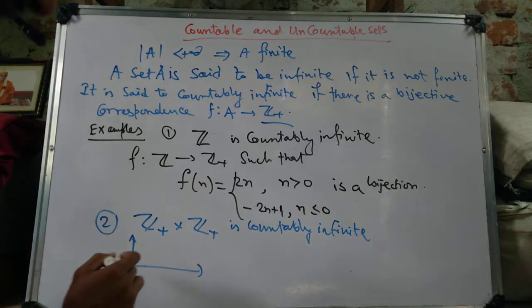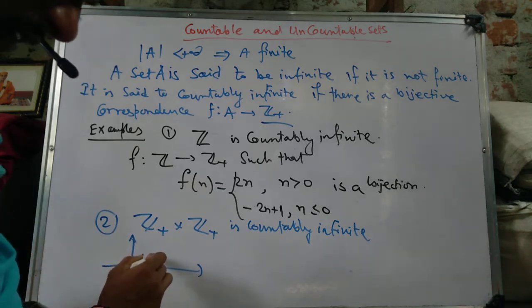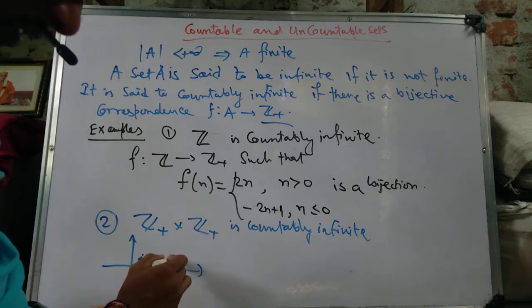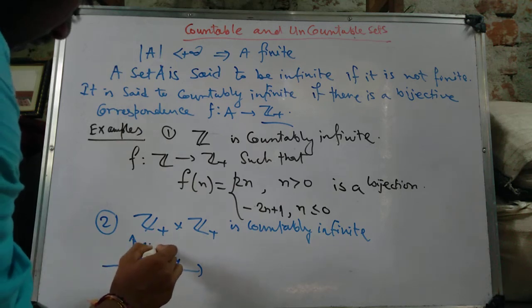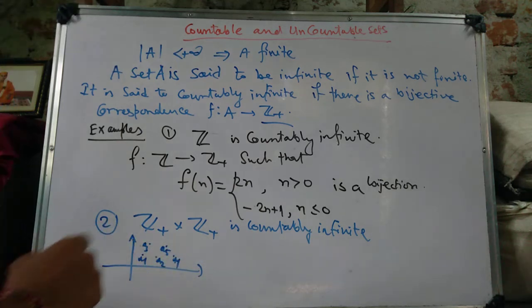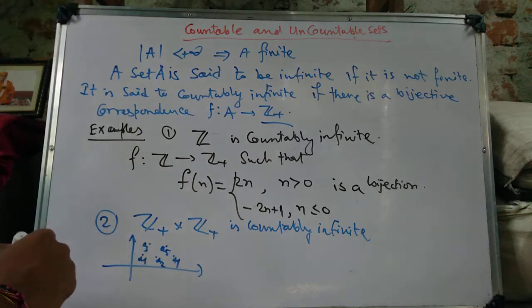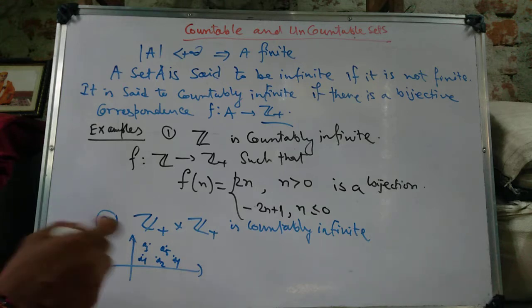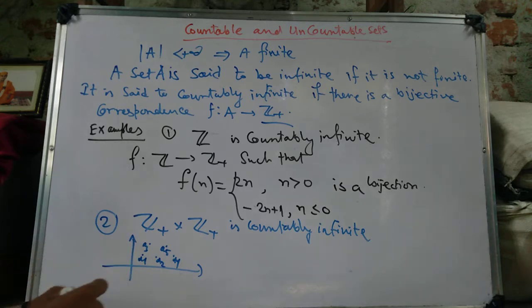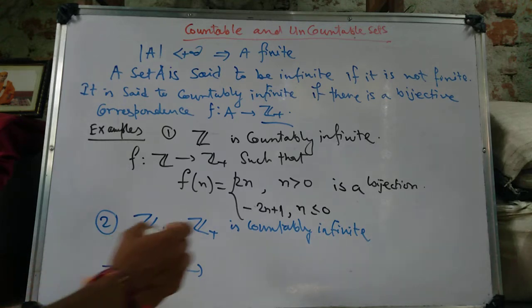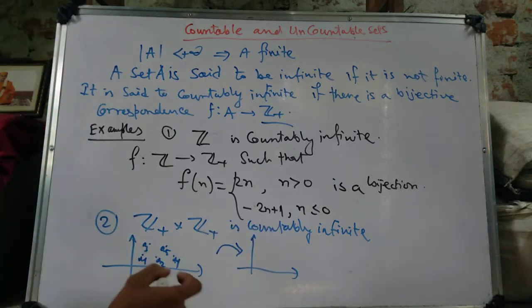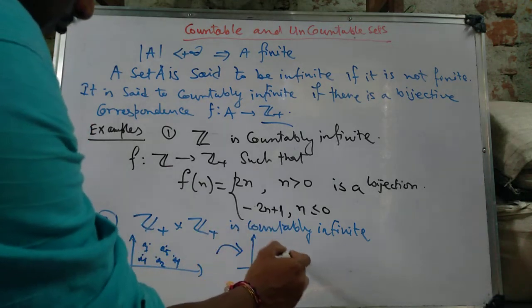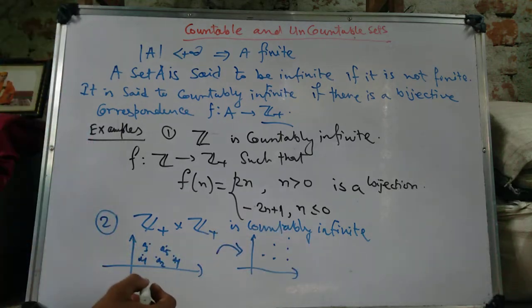Here A1, here A2, A4, A3 here, A5 here, in this way, and A6, A7 in this way. This f goes to these, f goes to here, in this way.